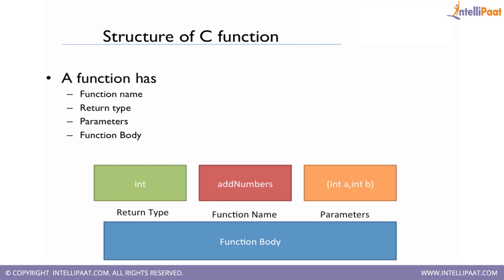You need to give a meaningful name to the function, so that when we are using it, we know that this function will perform a certain task. So it's a good practice to do so.